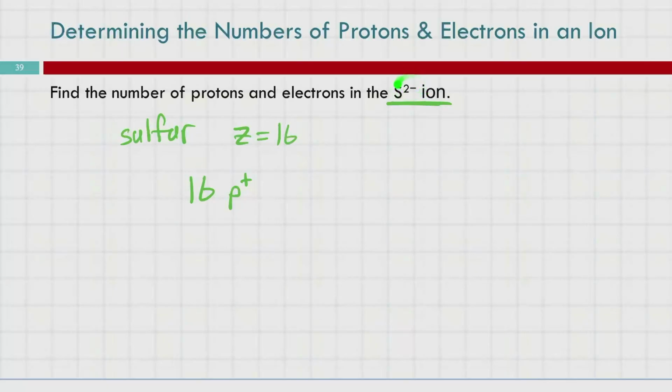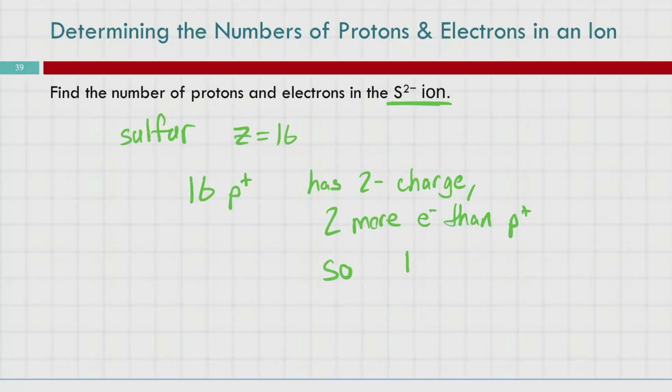To have a negative charge, what does that mean about the number of electrons? 18. It has 2 extra electrons, 2 more electrons than the number of protons. So it has a 2 negative charge. Two more electrons than protons, so 18 electrons. We could also work that equation that we had.